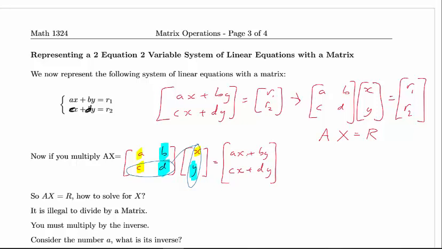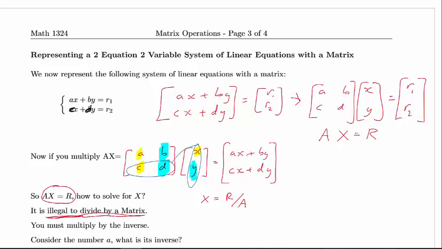So now let's look at how to solve for the system, right? We've got AX equals R. How do you solve for X? Now you might think, oh, well, you just divide by a number, right? X equals R divided by A. You might think that that's a proper way to solve something, but it is illegal to divide by a matrix.